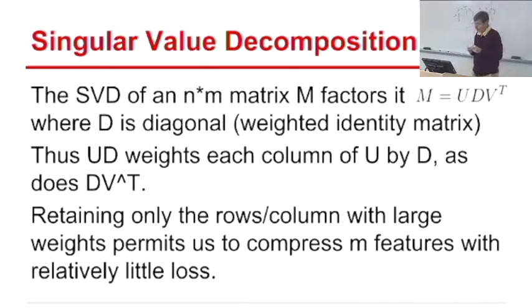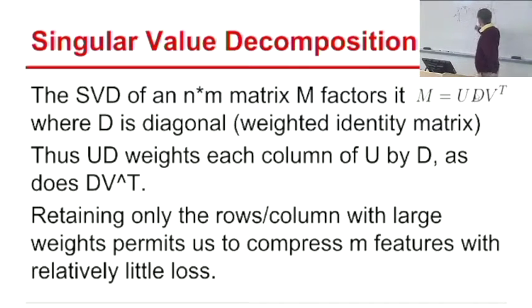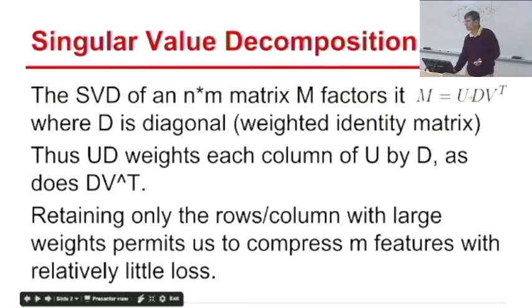What is interesting about this factorization is that it gives us a way to decompose the matrix. Unfortunately, it doesn't make it nice and sparse, because if this was an n by n matrix, this would be an n by n matrix times an n by n matrix times an n by n matrix. But what's the point?